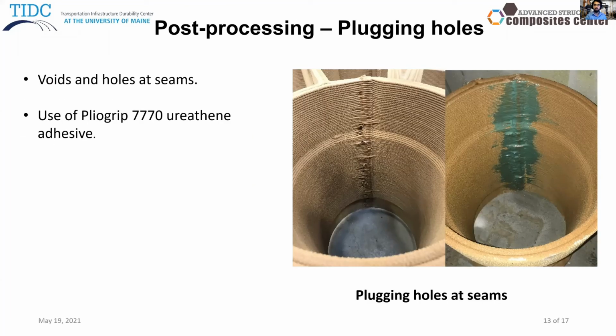Post-processing plugging holes. Holes and rough surfaces were created at seams. The seams are the start and stop points of extrusion path, and the holes created needed to be filled. We filled the holes with ply-grip polyurethane adhesive and let it cure.